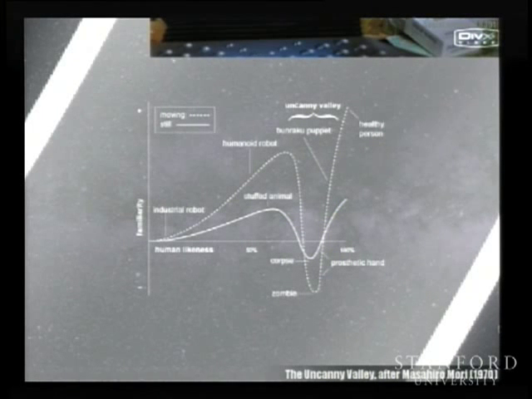I imagine most of you are familiar with the Uncanny Valley. Is anyone not familiar with the Uncanny Valley? Okay, a couple people. So this is Masahiro Mori's diagram about what happens. He has familiarity on this y-axis, but I think how it plays out in terms of our understanding, it's more like acceptability.